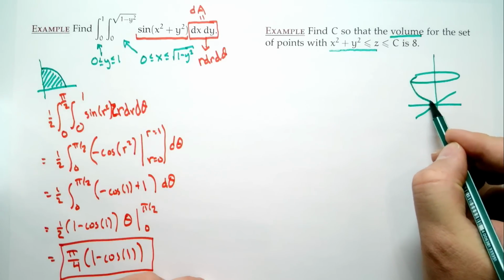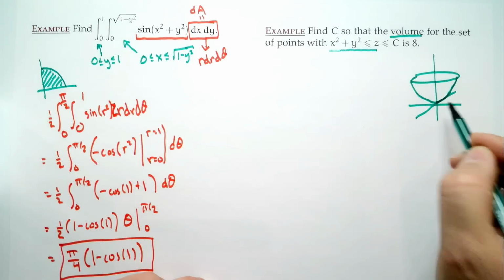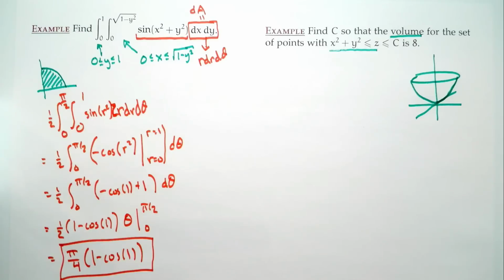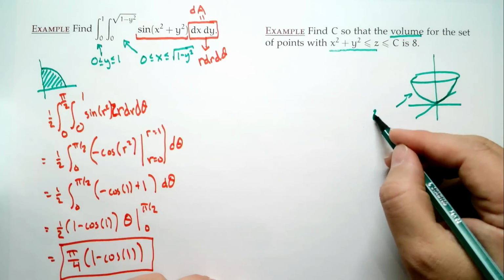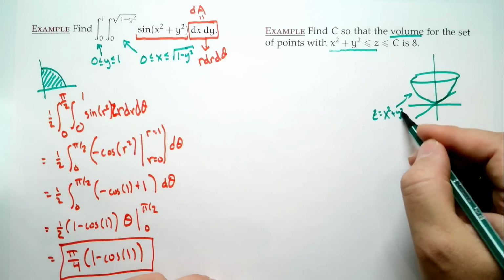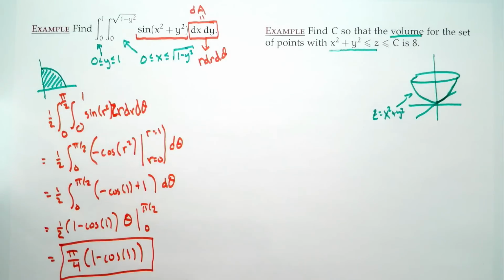It's almost like you took a parabola and rotated it. That's what you get. So it's a bowl shape. So that's z equals x squared plus y squared. Of course, I stopped it because my paper doesn't go forever, but I also stopped it because notice there's a top: z equals c. What does z equals c look like?